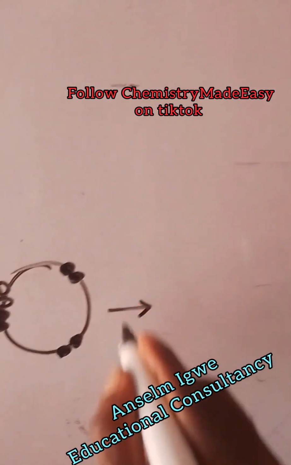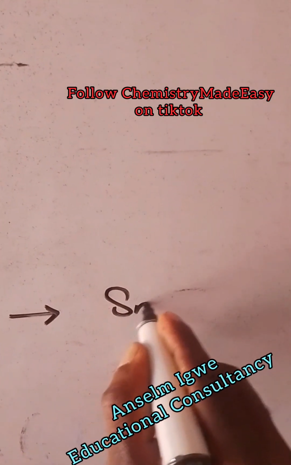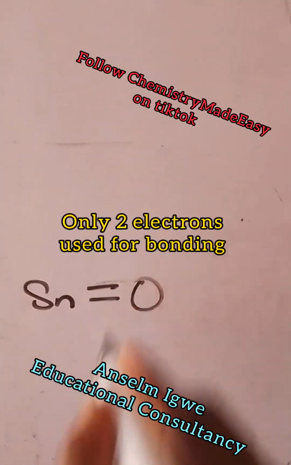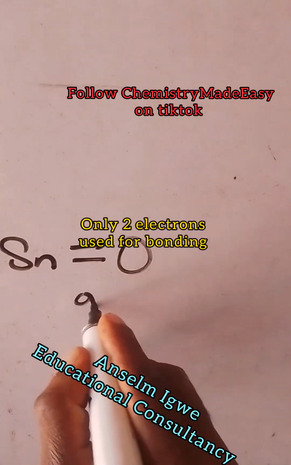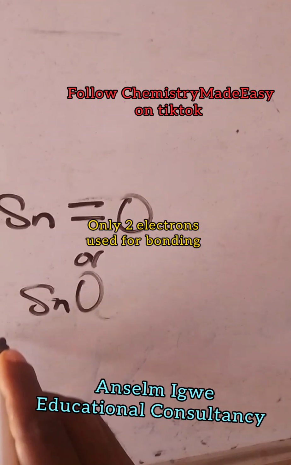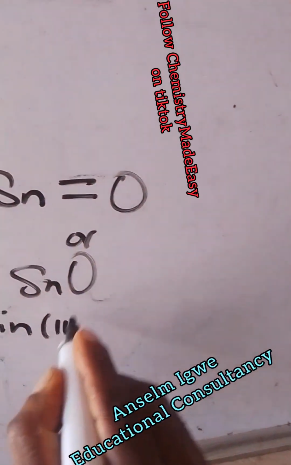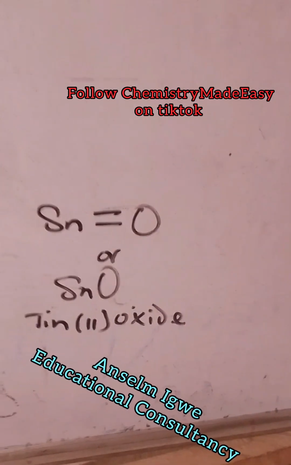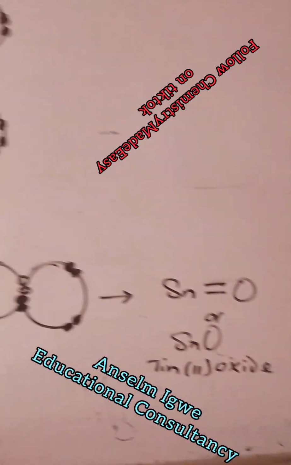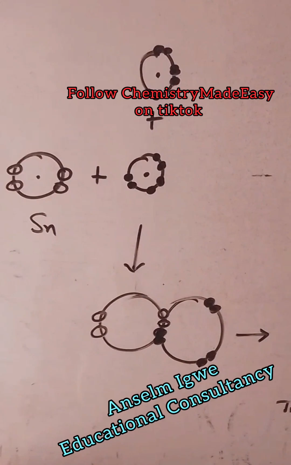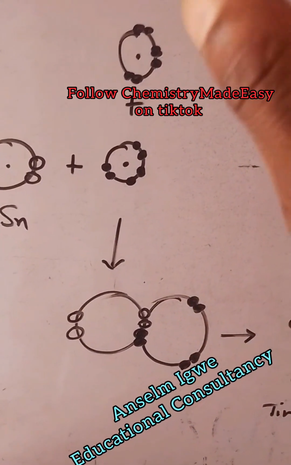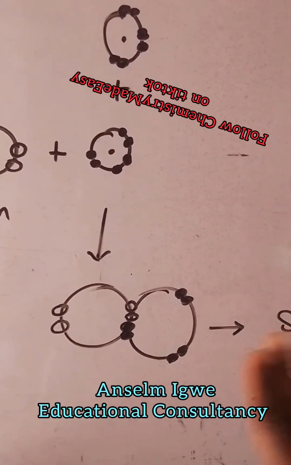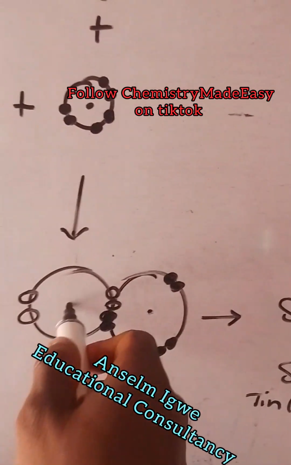And this is actually Sn double bond O, that is SnO, tin 2 oxide. You see, tin 2 oxide. Oxide formed by the use of only 2 electrons from p orbital to bond with 1 oxygen atom.